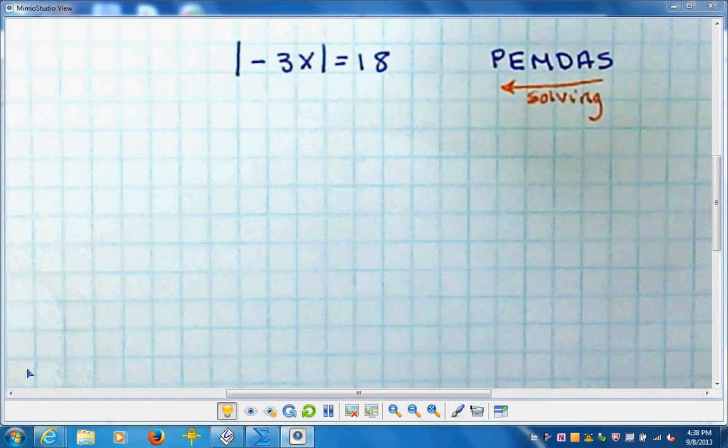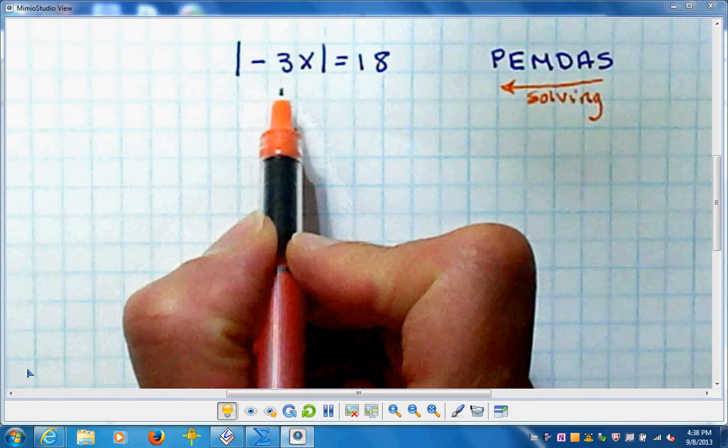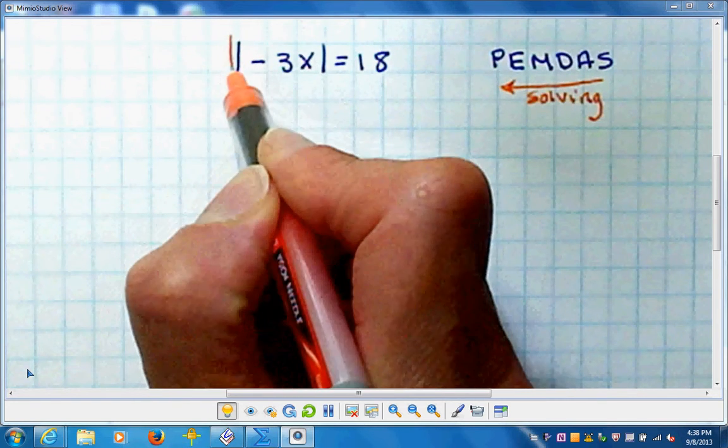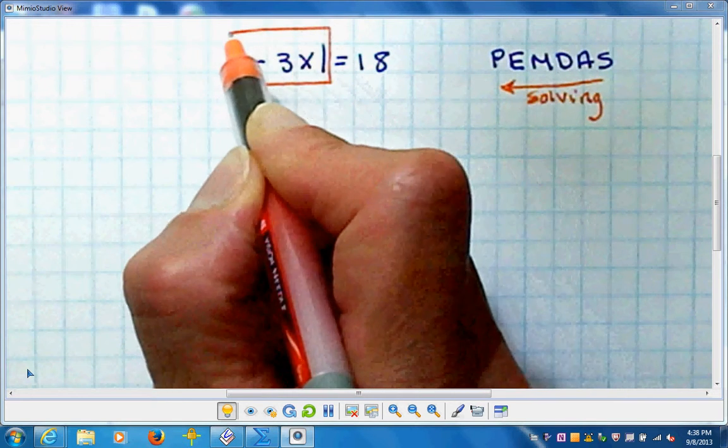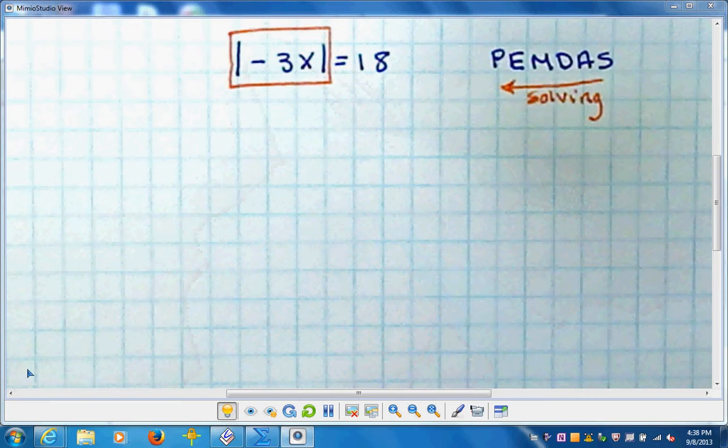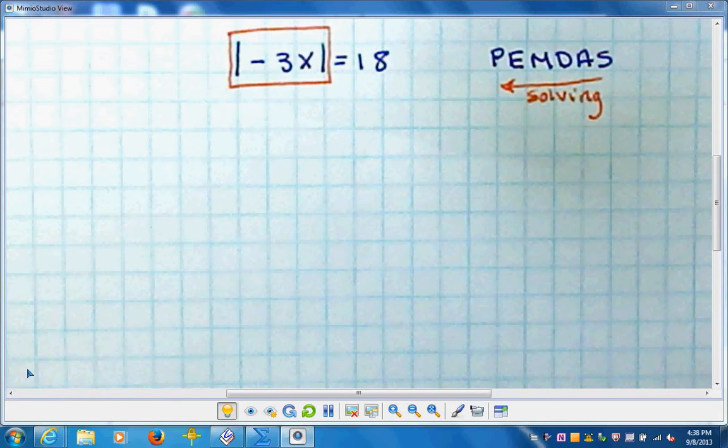So the goal, before we can solve any absolute value, is we want to get the absolute value all by itself on one side. And it is.